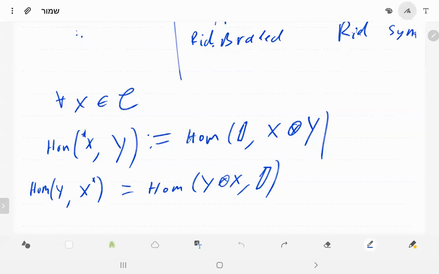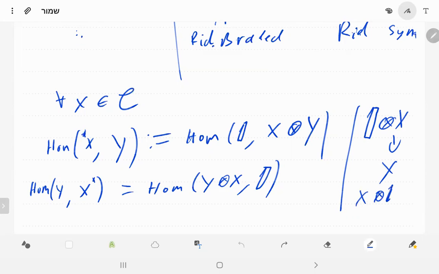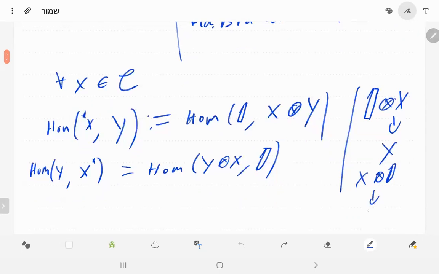What do you mean by the unit object? So in a monoidal category, I didn't say it before in detail. I just said that there is something like this. There is a unit object together with isomorphisms like this and like this, and it satisfies some coherence relations related to the associator and all the other stuff. You remember I described several levels of how to define monoidal categories.